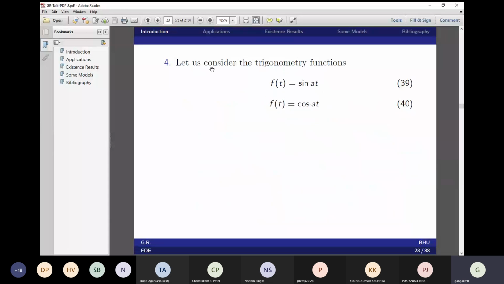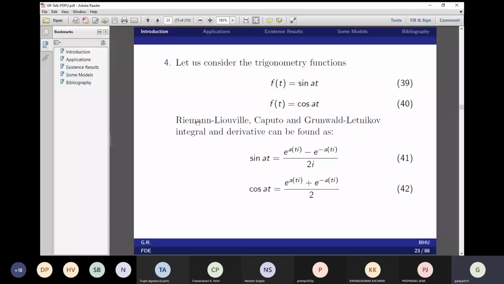Now if you take the trigonometric functions sine and cosine, then the Riemann-Liouville, Caputo and Grünwald-Letnikov derivatives and integrals can be calculated easily, using the definition of sine and cosine in terms of exponential functions.